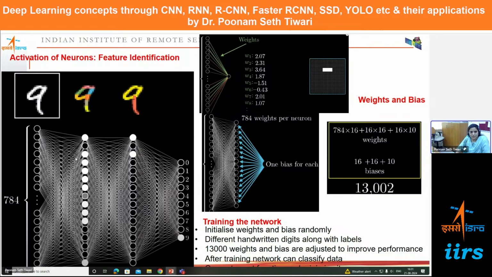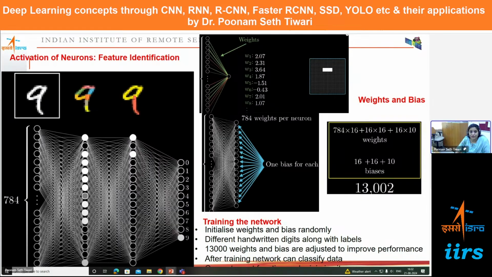Now 784 neurons are connected with 16 neurons, so 784 multiplied by 16. Then these 16 are connected to 16 of the next layer, so 16 multiplied by 16. Then these 16 are connected with the 10 neurons of the output layer, so 16 into 10. This many weights have to be adjusted.